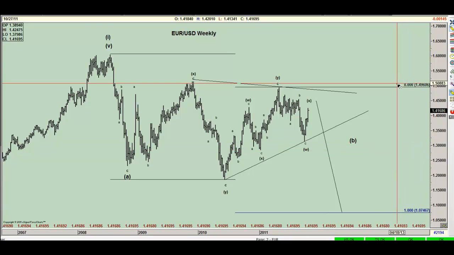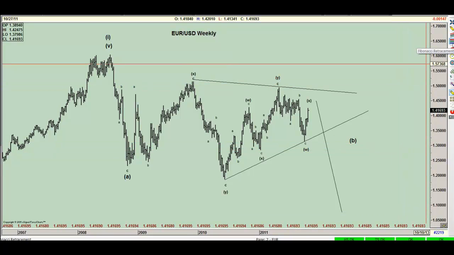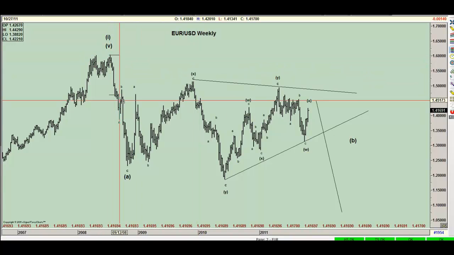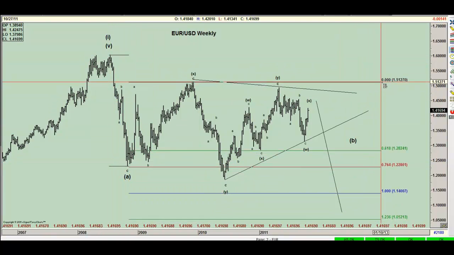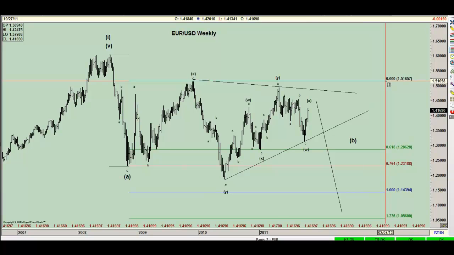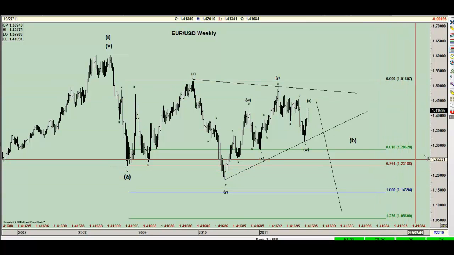When that 107, 112 area ideally should take the euro to a low below 118, ideally 114 area.